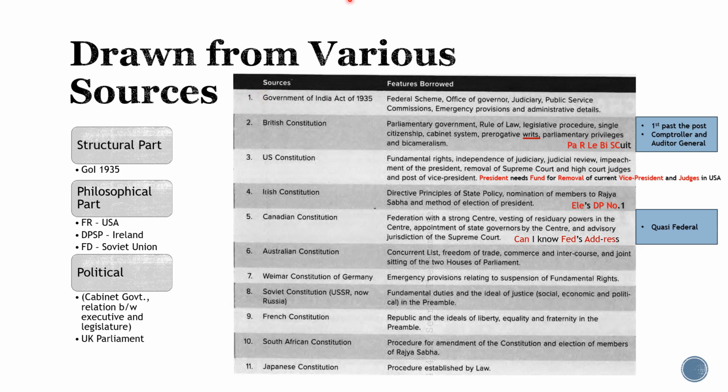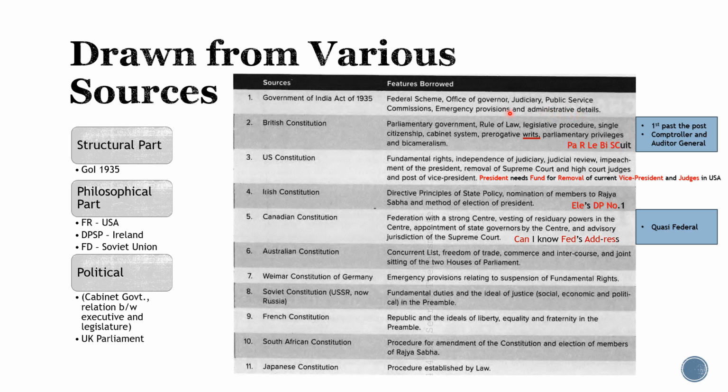So, coming to the Government of India Act, this act gives the bulk to our constitution. It gives us the federal scheme, Office of Governor, Judiciary, Public Service Commission, emergency provisions, and administrative details.